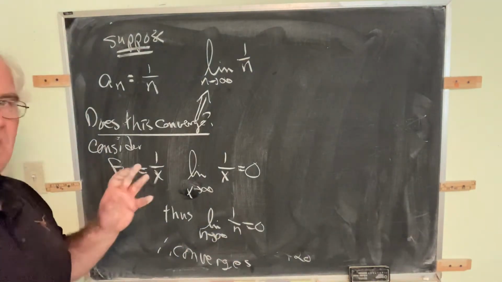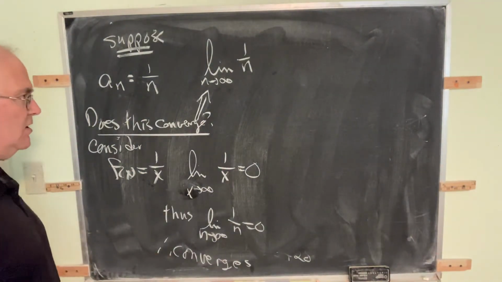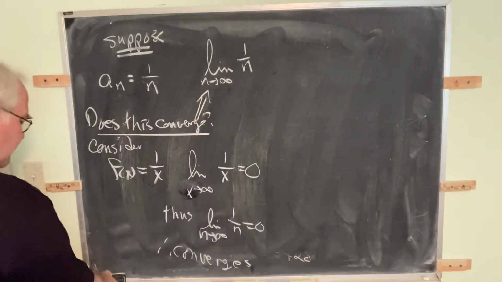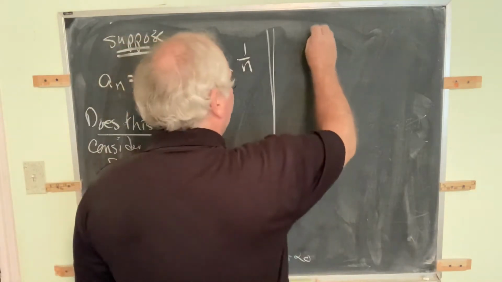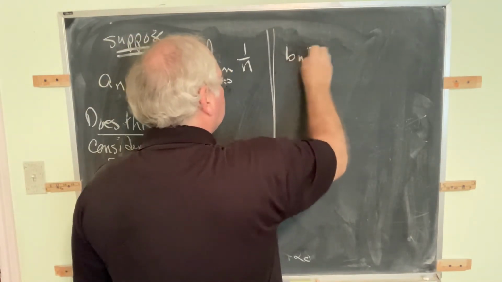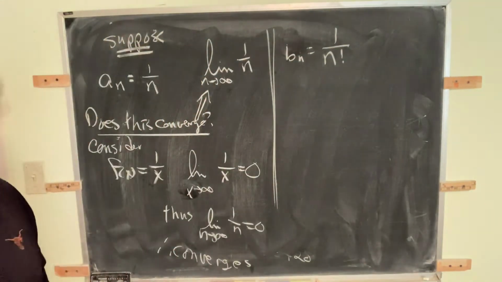Now, very often we're not asked to find the number. All we ask is, does it or does it not converge? Now, that might seem to just cover all the bases, but here's the issue. Consider this a sequence. Let's call this Bn, 1 over n factorial.